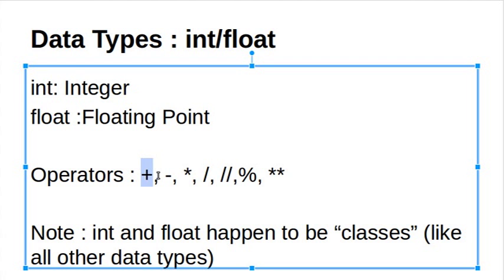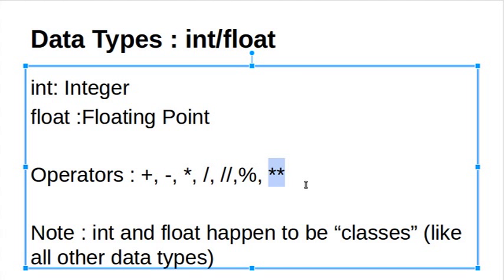Integer and float, these are the kind of operations you can do: addition, subtraction, multiplication, division. There are two kinds of divisions. One gives an integer result, and one gives a floating point result. We will see on the screen.